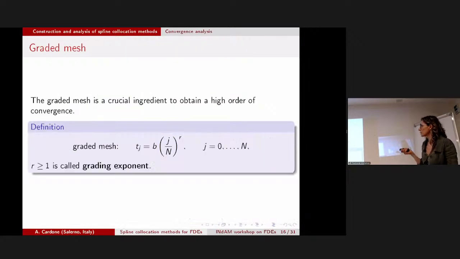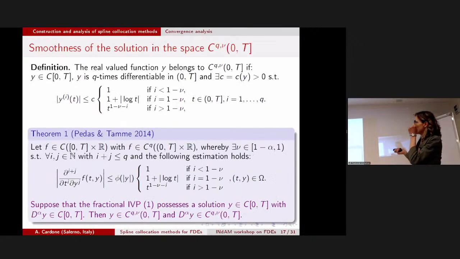And so, under this hypothesis of a grading exponent, and by studying the convergence in a Banach space, which is a subset of the continuous functions on [0,T], where we also illustrate the behavior of the derivatives of the solution, we can study the convergence.